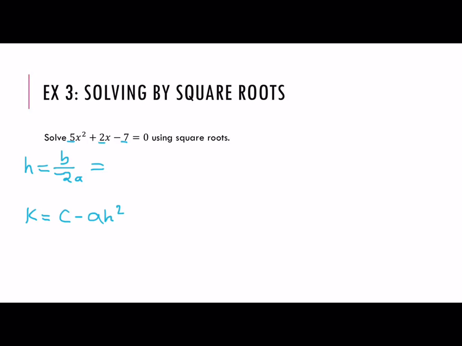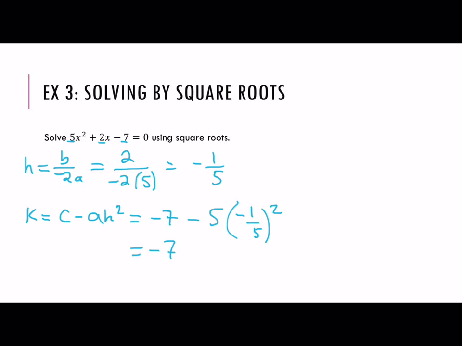All right, so h is 2 over negative 2 times 5. And those 2's will cancel, so this is going to be a negative 1/5. And then k is c, negative 7, minus a, which is 5, times h squared, so negative 1/5 squared.